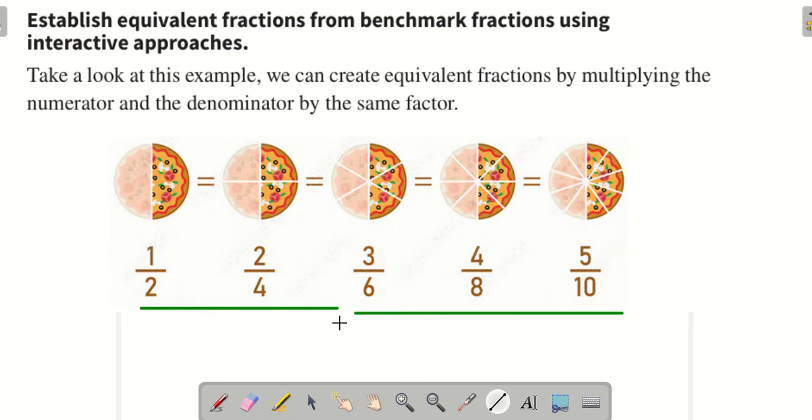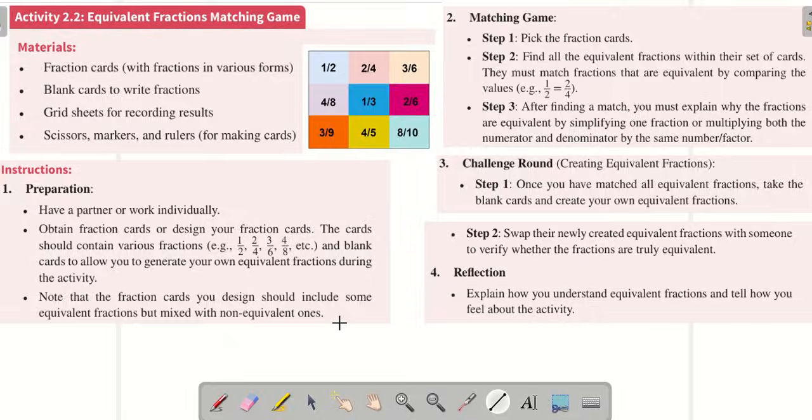All right. Now you have an activity which I will leave for you to do. In our next video, we shall look at your answers and also try and solve it.